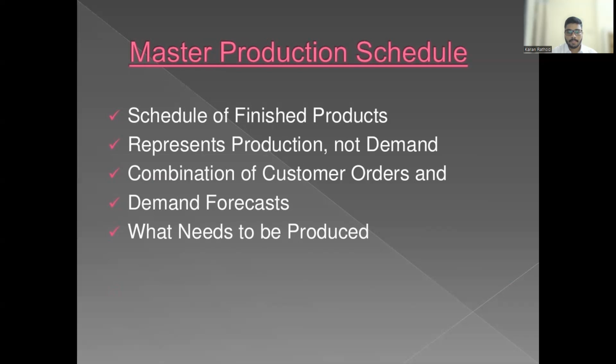It represents production, not demand. It is a combination of customer orders and demand forecast, and shows what needs to be produced, how much needs to be produced, and how much demand will be there in the future.